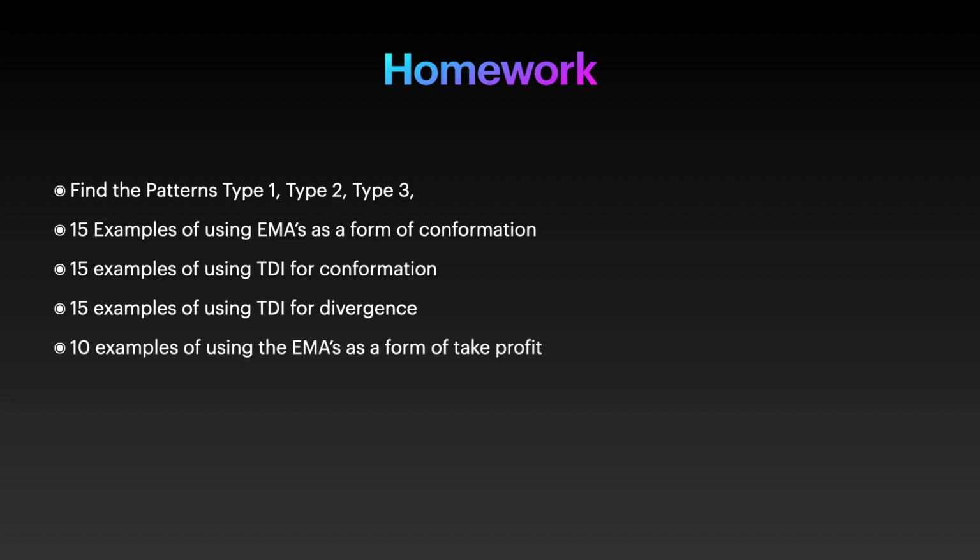So 10 examples of you using it on an actual real setup, again, with the directional bias and everything like that. So everything that you've learned correctly, okay? Directional bias, entry rules, pattern, timing, all that stuff, right? Using the EMAs for take profits.